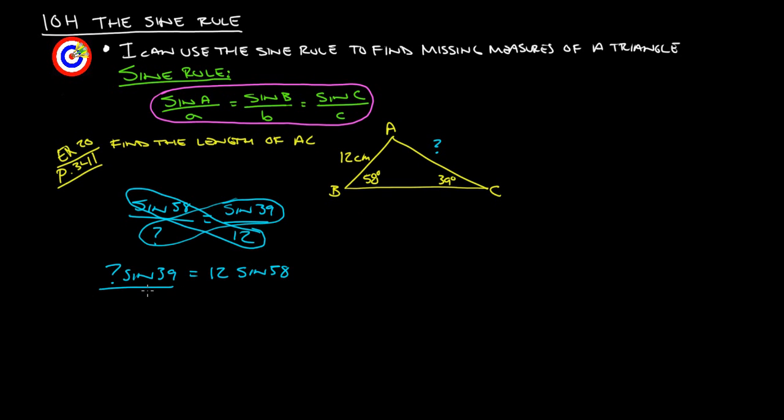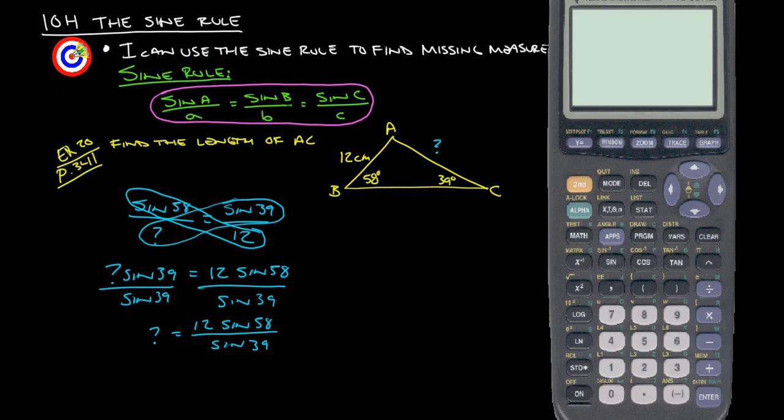Divide both sides by sine 39 and we have our answer. Our missing side is going to be 12 times the sine of 58, all divided by the sine of 39. Let's get our calculator out and see what we can figure out here.